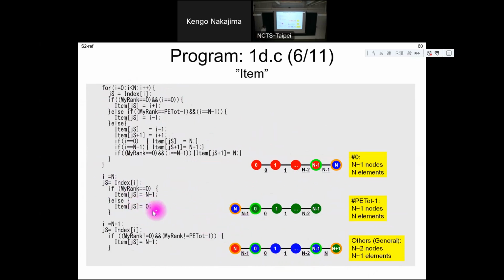As for n plus 1, if my rank is not equal to 0 and my rank is not equal to this one, in that case the neighbor of n plus 1 is equal to n minus 1, because this is the only case. So that way we define the neighboring items for all internal and external nodes. Please make sure there are no exceptions.